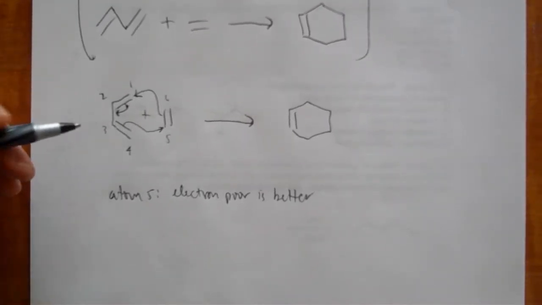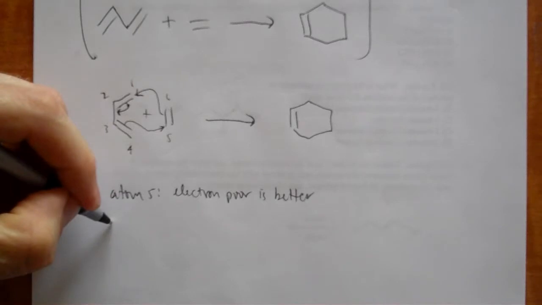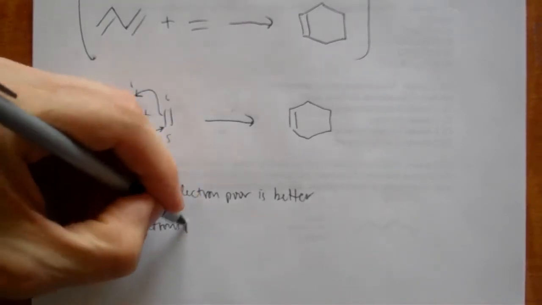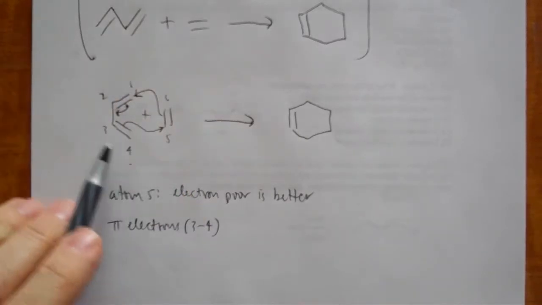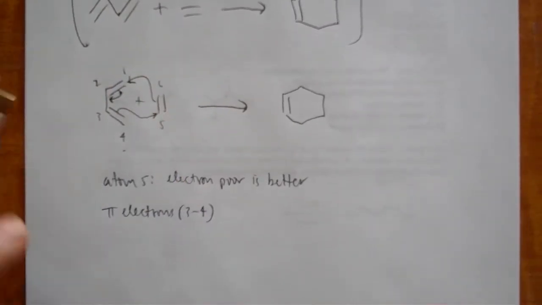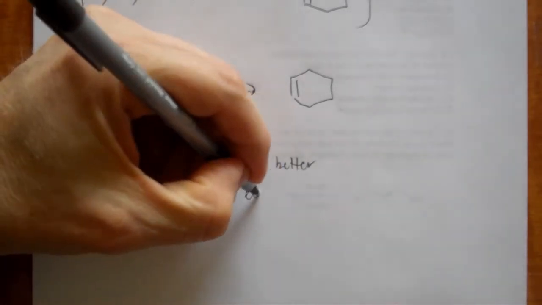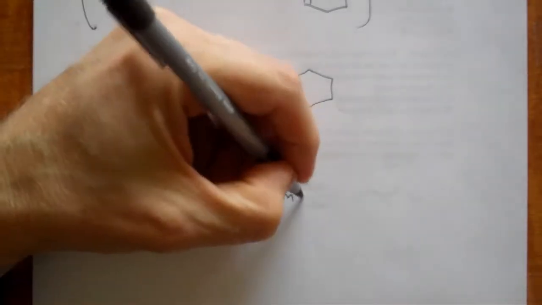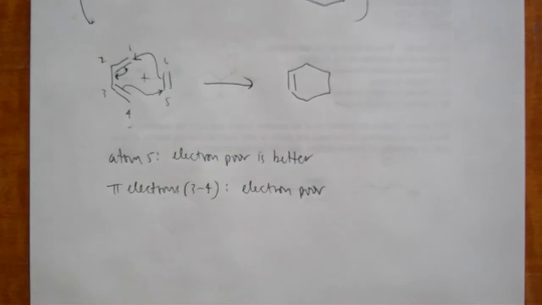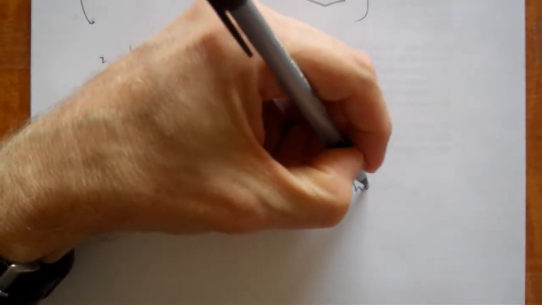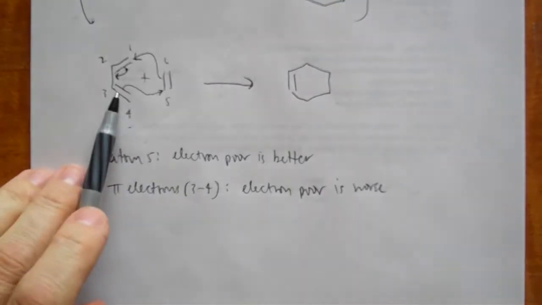What do we know about these pi electrons, which I'm going to call 3-4, right, because it's between atoms 3 and 4? Pi electrons 3-4. Electron poor is worse, right? Because these guys are the attackers.